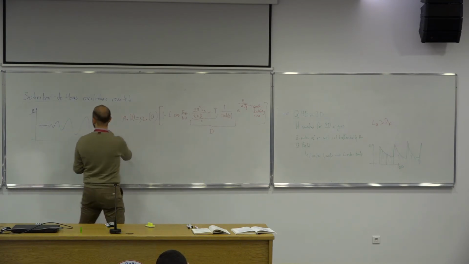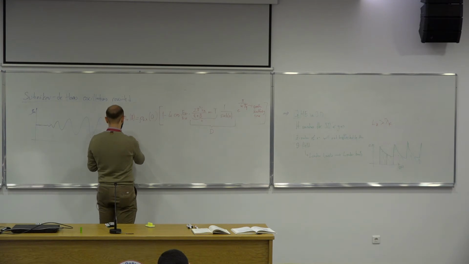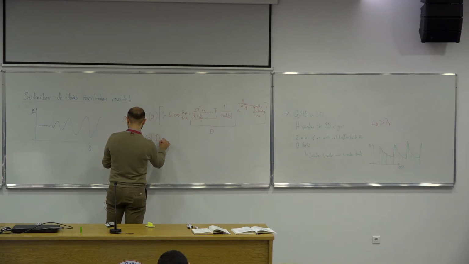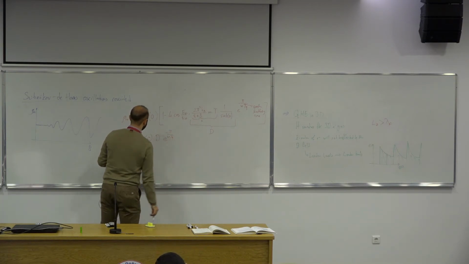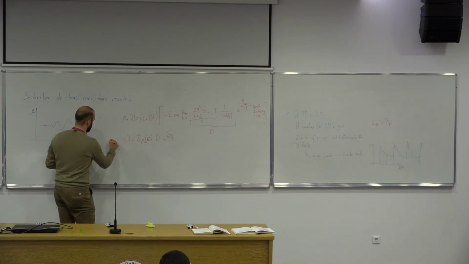Then the amplitude of these oscillations is given by such an expression: delta rho xx equals 8 rho xx at zero magnetic field times D times e to the minus pi omega tau q. So these are the amplitude of oscillations.